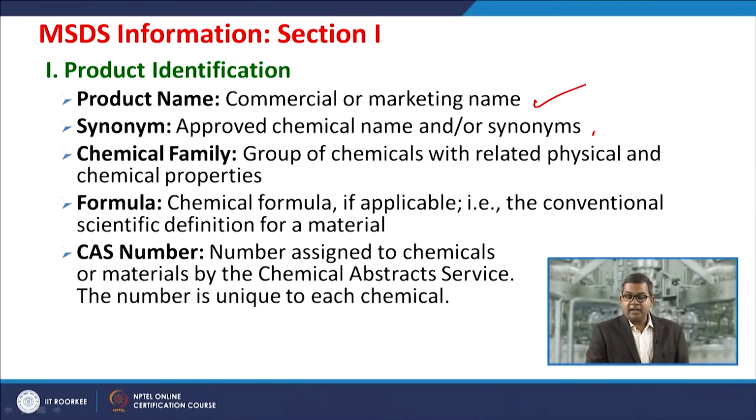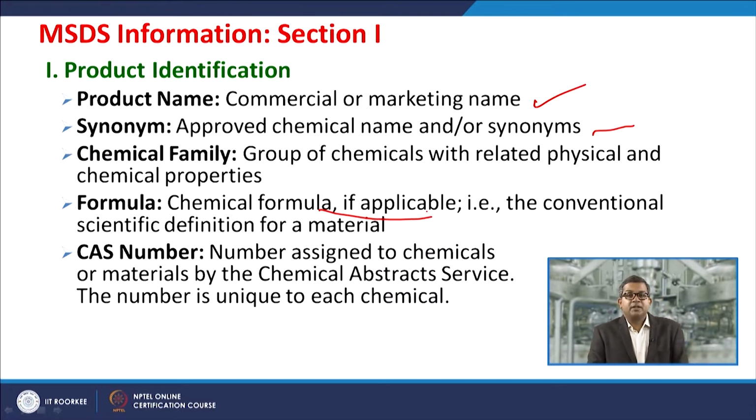Then there are different synonyms, approved chemical names, and the chemical family it belongs to. The chemical family is a group of chemicals with related physical and chemical properties. Then the chemical formula, if applicable, which is the conventional scientific definition for a material and is essential.